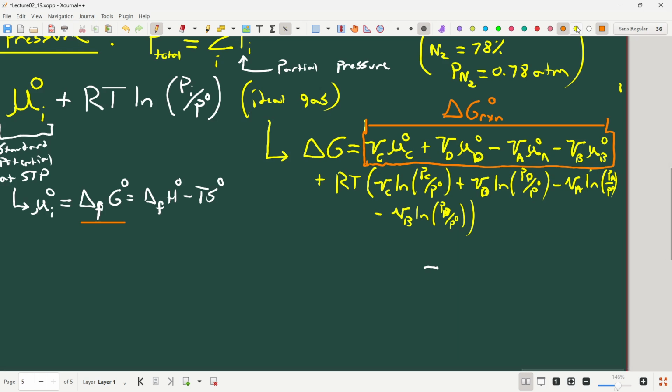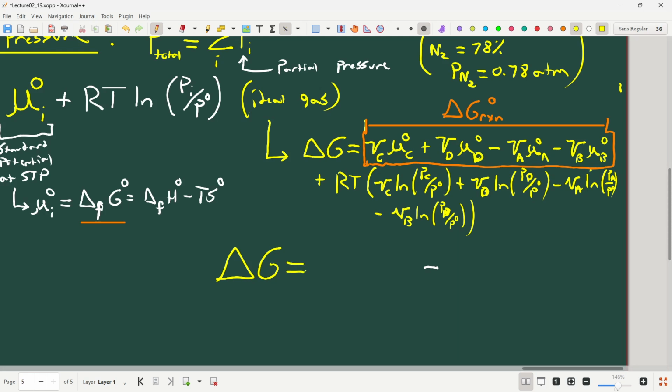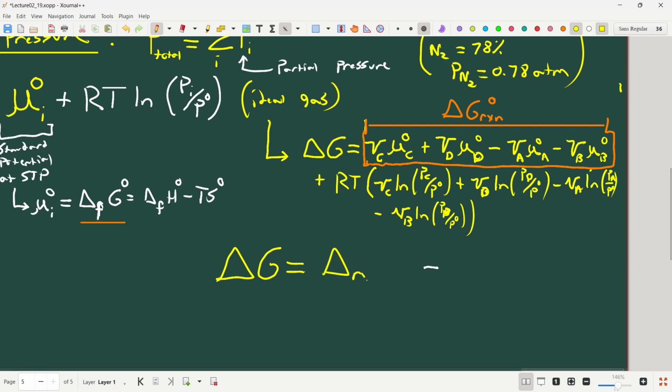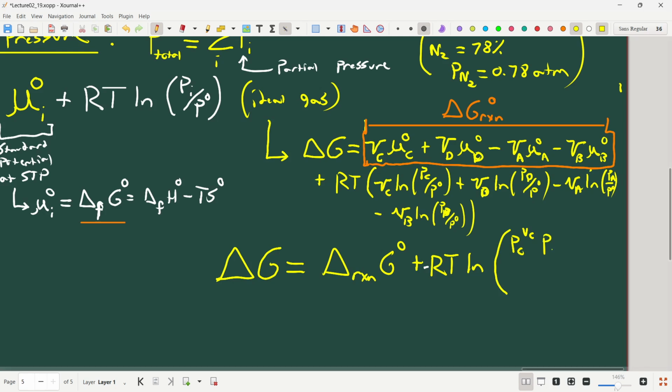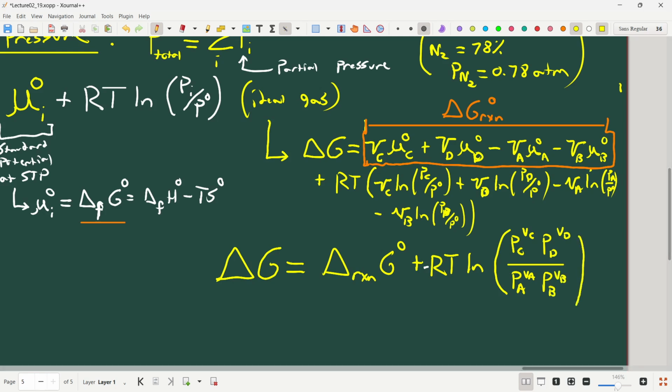So what you can find now is that delta G is the reaction Gibbs energy plus, I'm putting all the terms together, RT times the log of P_C to the nu_C, P_D to the nu_D power, over P_A to the nu_A power and P_B to the nu_B power.